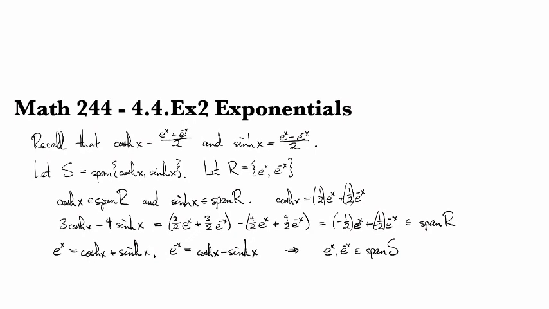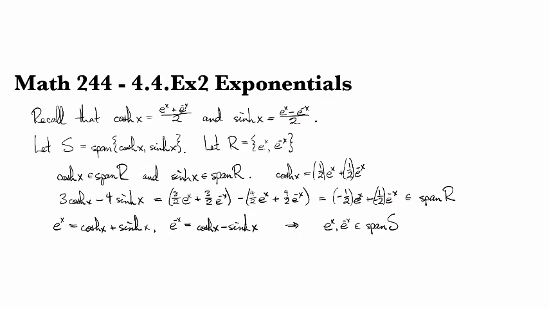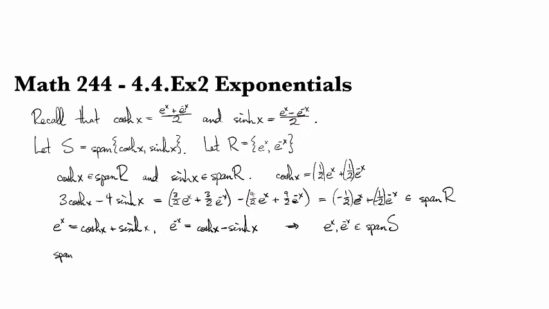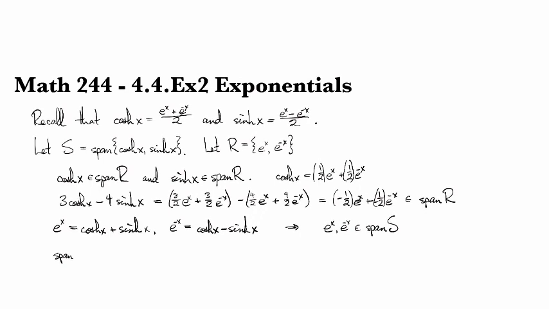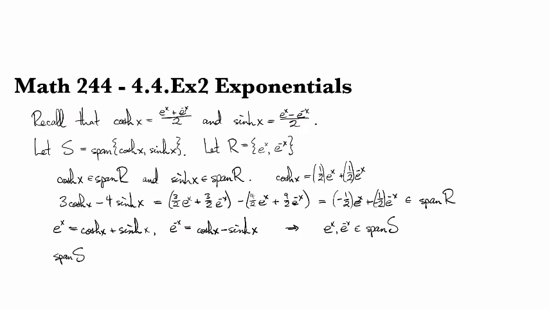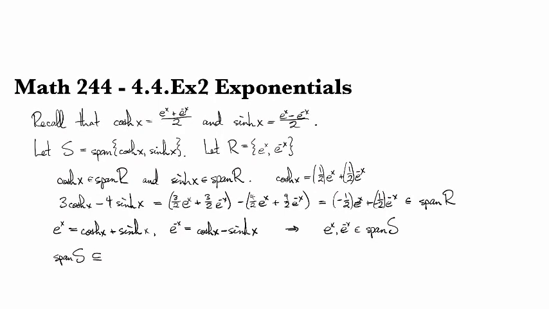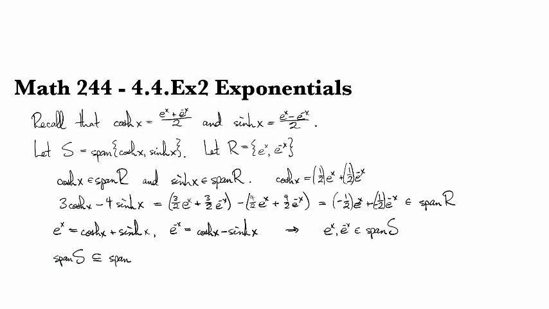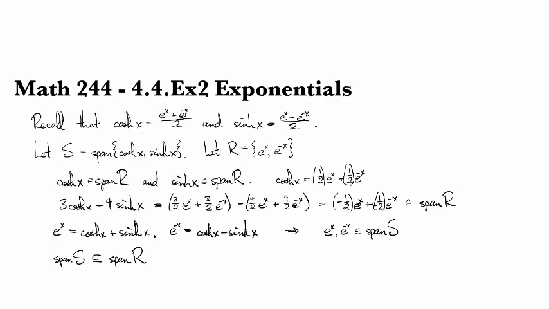And so then what we have now is that the span of S, all linear combinations of cosh and sinh, we saw at first, is contained in the collection of all linear combinations of exponentials.